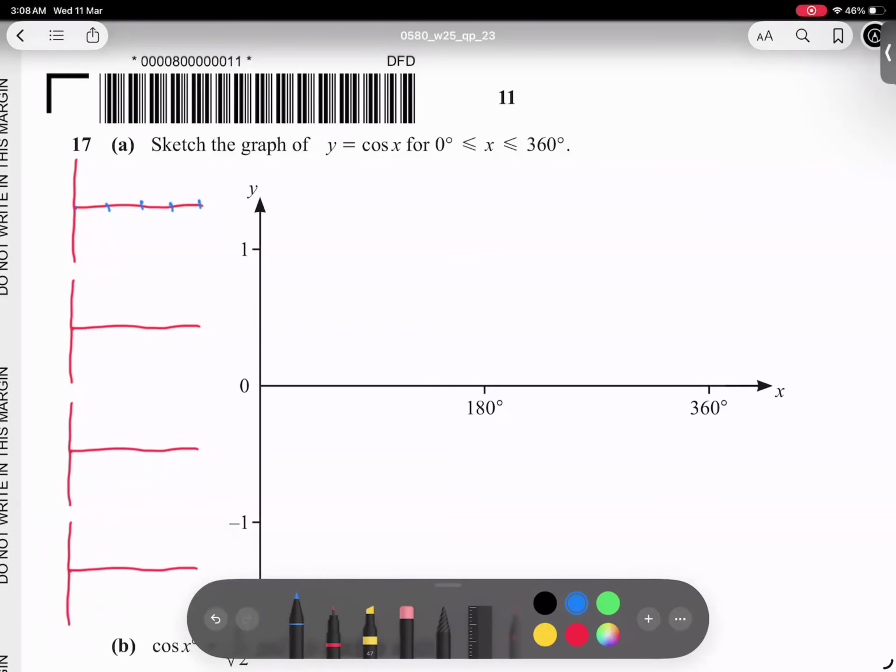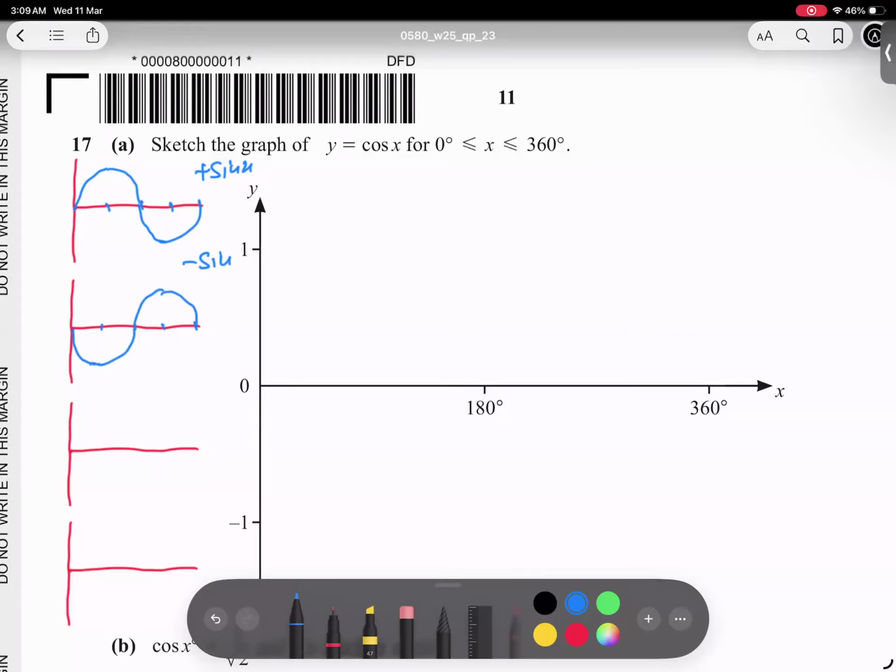The graph starts from here, goes up, comes down. This is a positive sine. But when you have a negative sine, students, it will flip: it starts from the bottom and goes down. 1 part, 2 part, 3 and 4. Every time 4 parts.